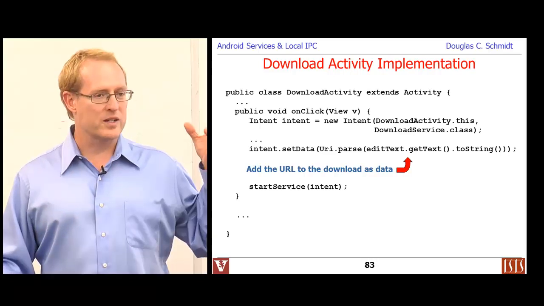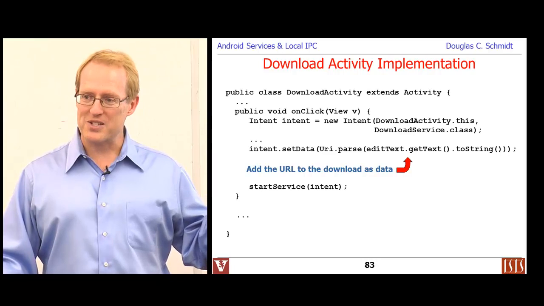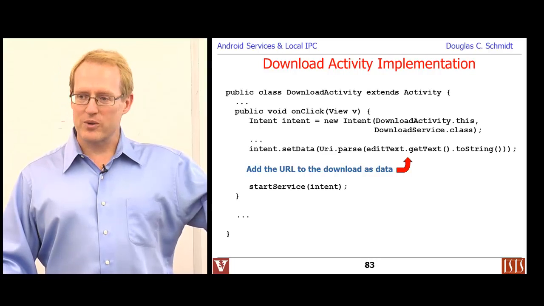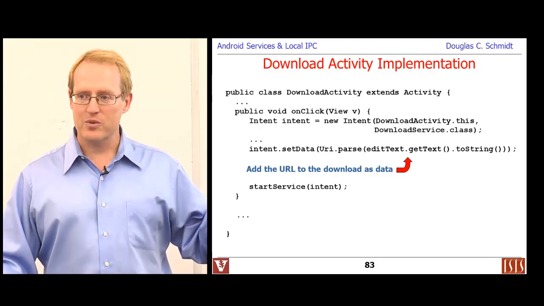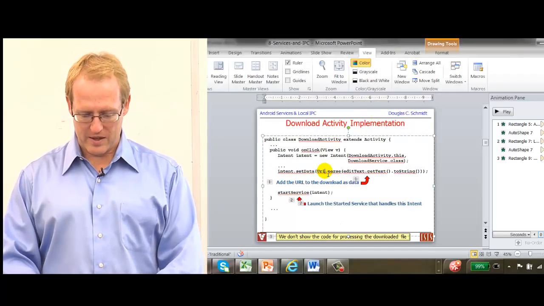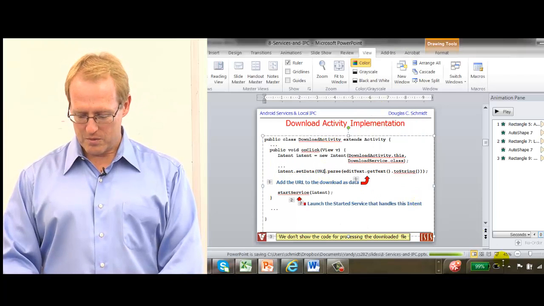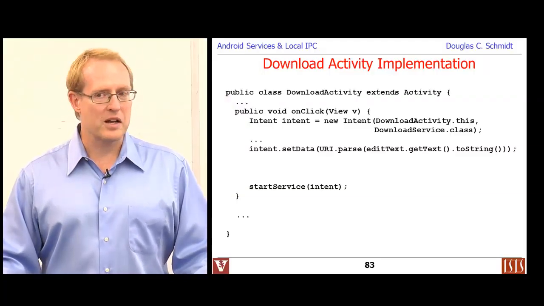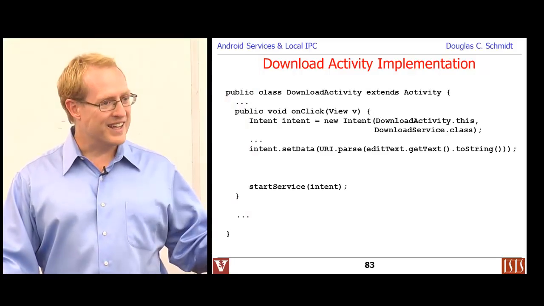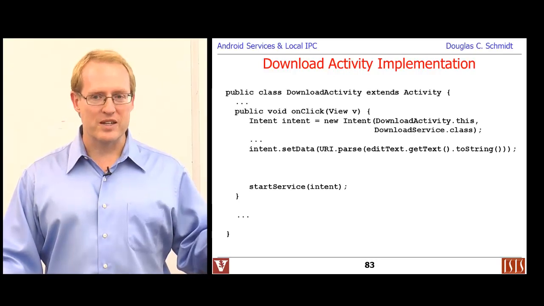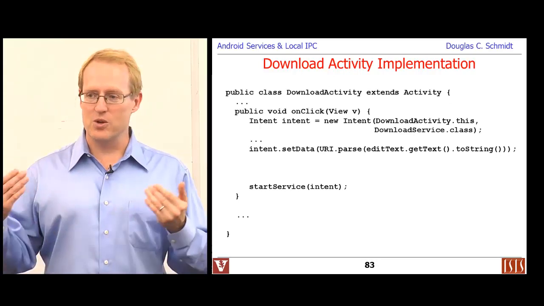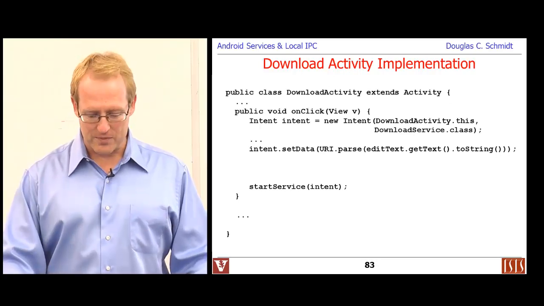In this particular case, we're going to take whatever URL was passed in by the user in the edit text widget, and we're going to extract that and create a URI, which is basically URI parse, which is going to create a URI from this thing, and then set that as data for the intent. So we'll see that there's a bunch of different ways to do things with the intent. All intents have this thing called data, and you can set the data. In this case, we're setting the data to be the URI that the person wants to have downloaded.